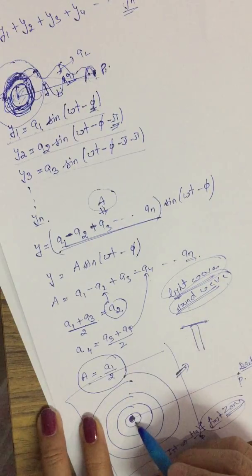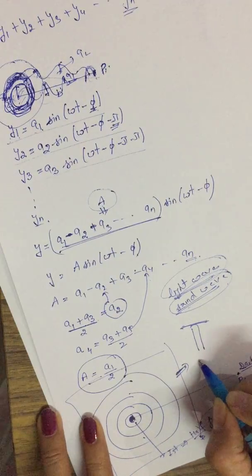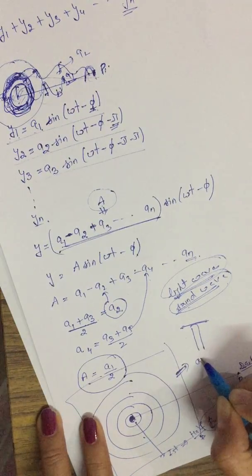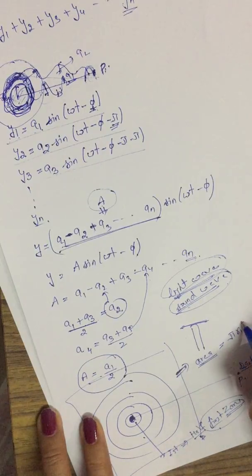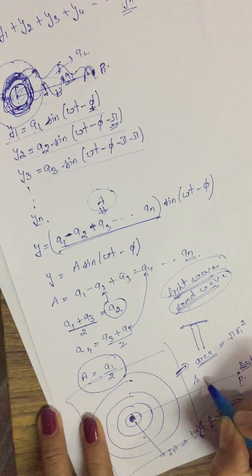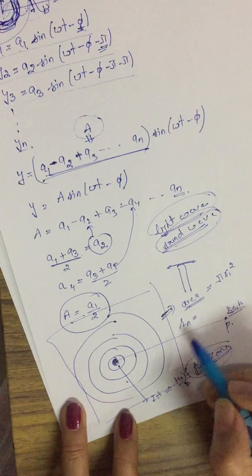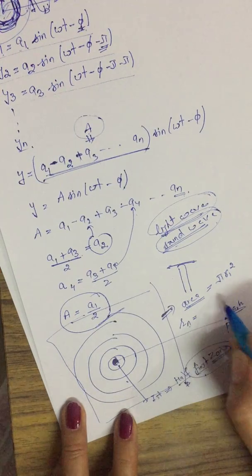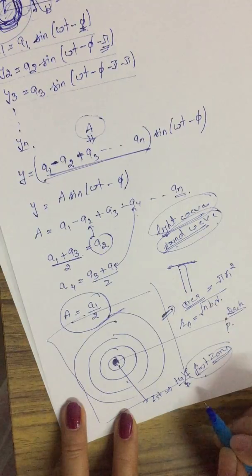Because the area of the first half zone is pi r1 square, and the radius of the nth zone is given by the square root of n b lambda.